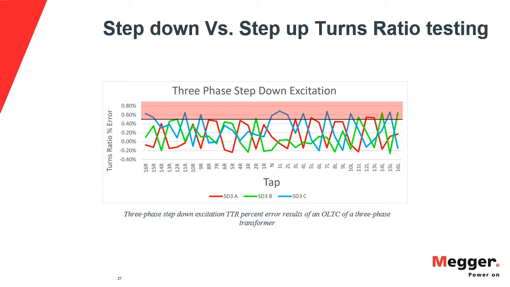Another example with a tap changer, in this case a load tap changer, 33 taps. Probably a worse case than the previous example, with the numbers all over the place, ranging from around minus 0.3 all the way to 0.7%, so very scattered results for all three phases.